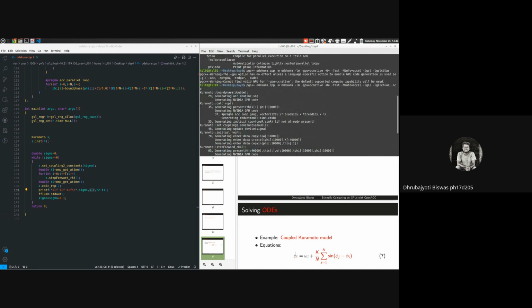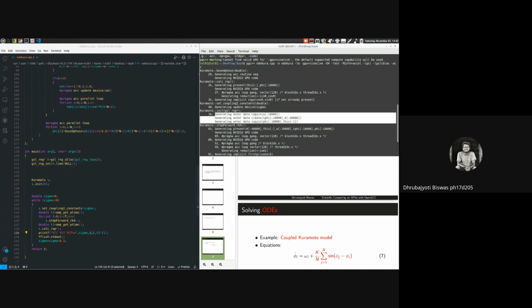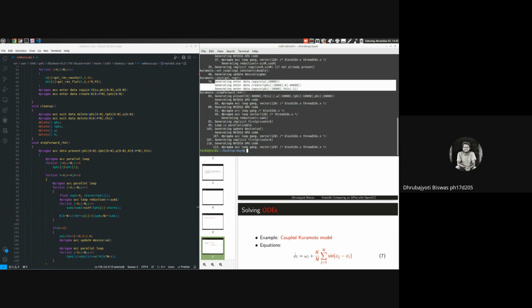You will see it has generated parallel GPU code in many of the positions where I have put the pragma acc parallel loop. And it has generated the copy in as I need in line number 70. Let's see what is there in line 70. Yeah, you see it has generated all the copy in and everything. Okay, now let's run this.